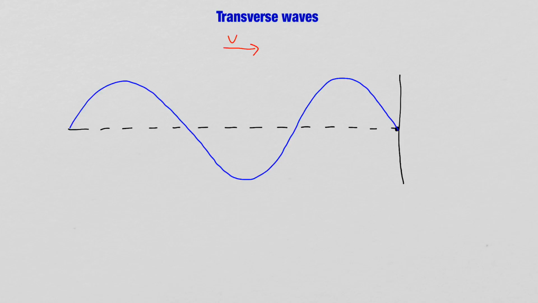So the particles I will label with, let's use this color for that. So I'm going to draw a few just to illustrate the point. So here are some particles in the rope. And we will want to look at how they move as the wave passes through those particles in the rope.